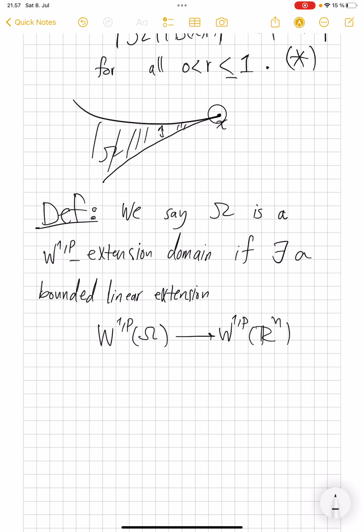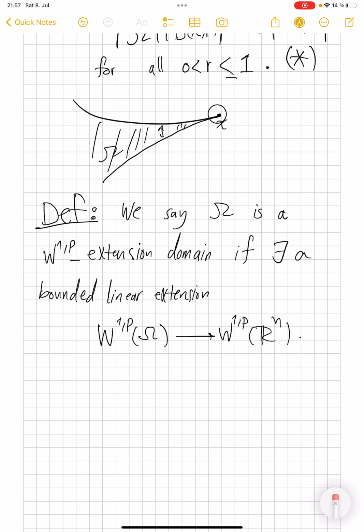We saw in the slit disk example, also in this R^n minus a line, that those were not extension domains. You started with some function in the domain, and you couldn't extend it to all of R^n because of failure of absolute continuity. So if a domain is nice enough, we will have the existence of such an operator.